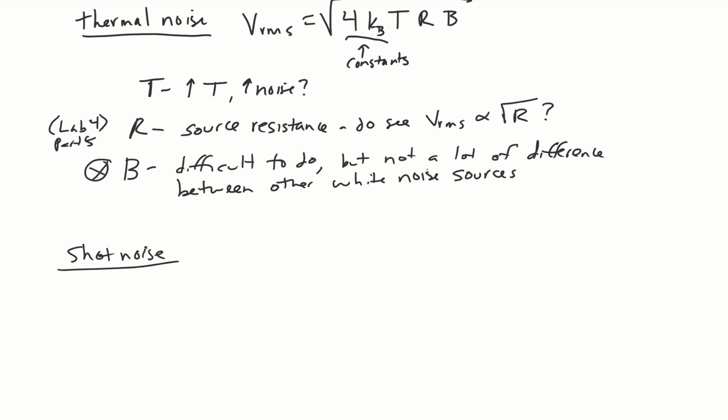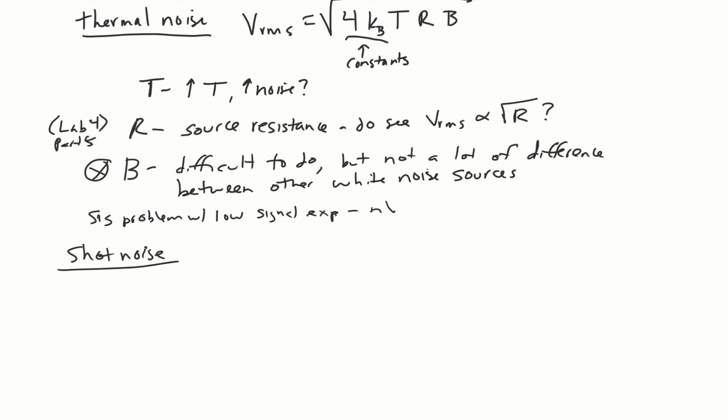But before moving on to the shot noise, I'd like to go in a little bit more detail with the thermal noise. What we've been doing in lab, thermal noise isn't a significant problem, but it does become a significant problem with low signal experiments.